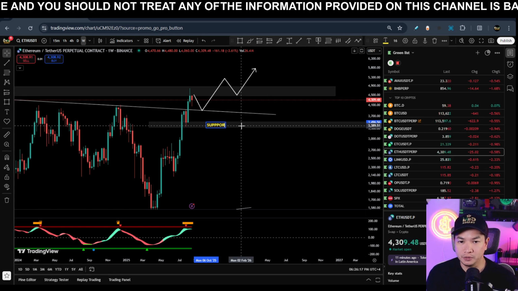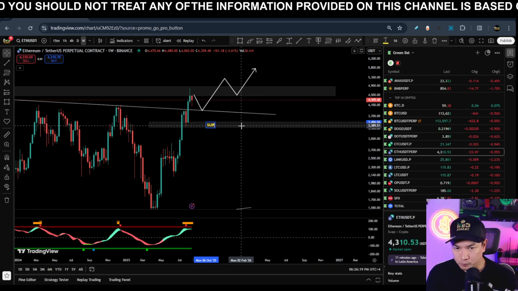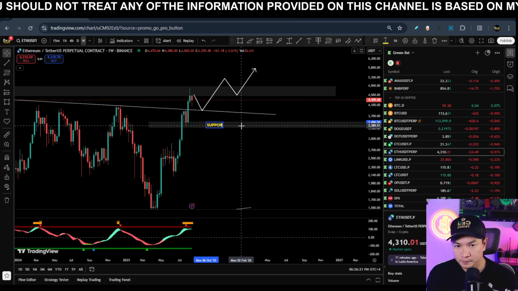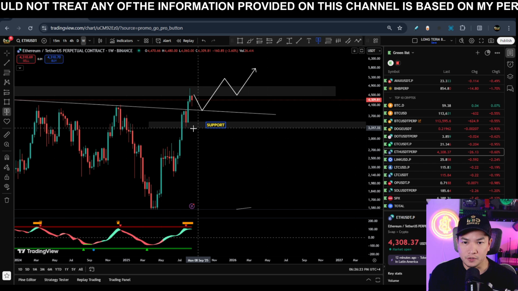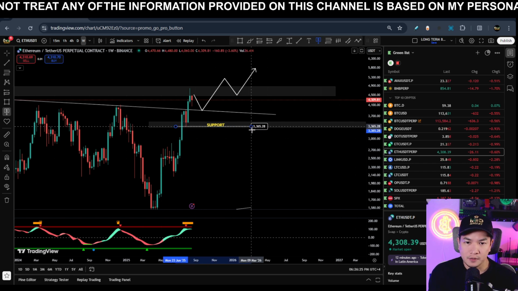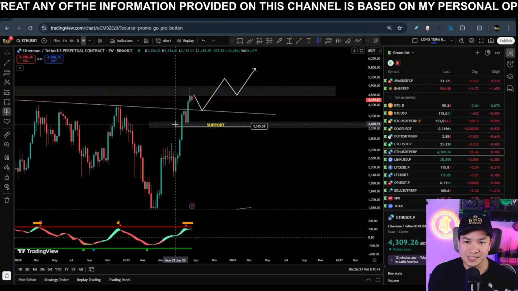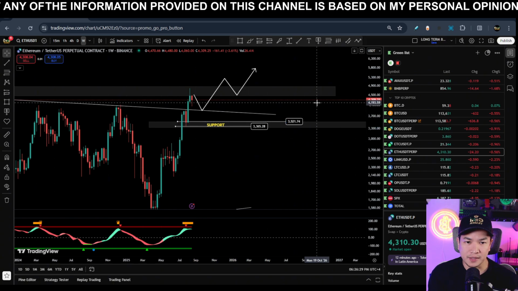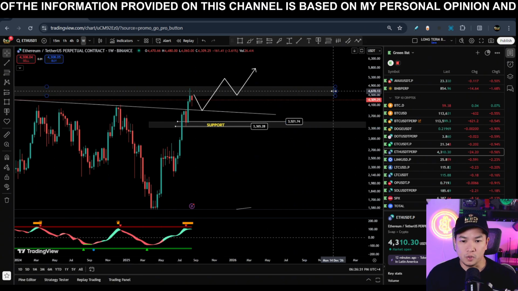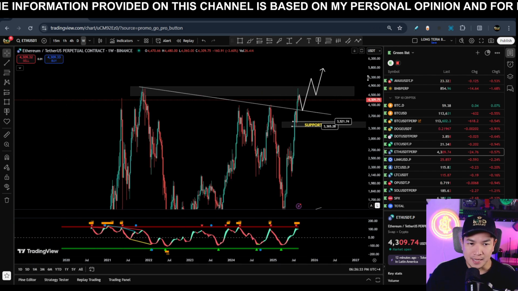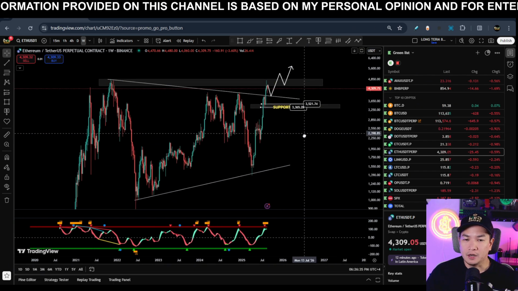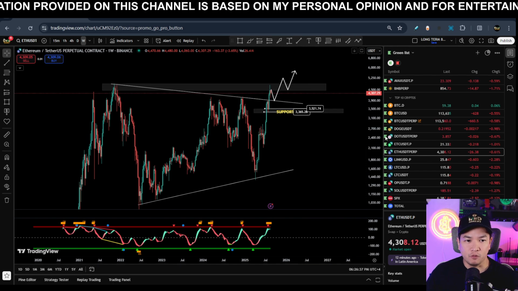We have a bullish order block on this level. So this is going to be around 3,365 up to 3,521. That is going to be my immediate support on the weekly time frame for Ethereum.